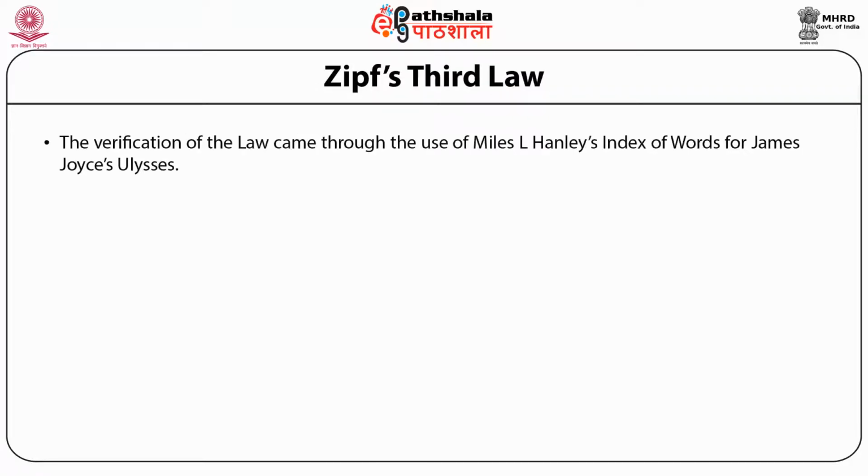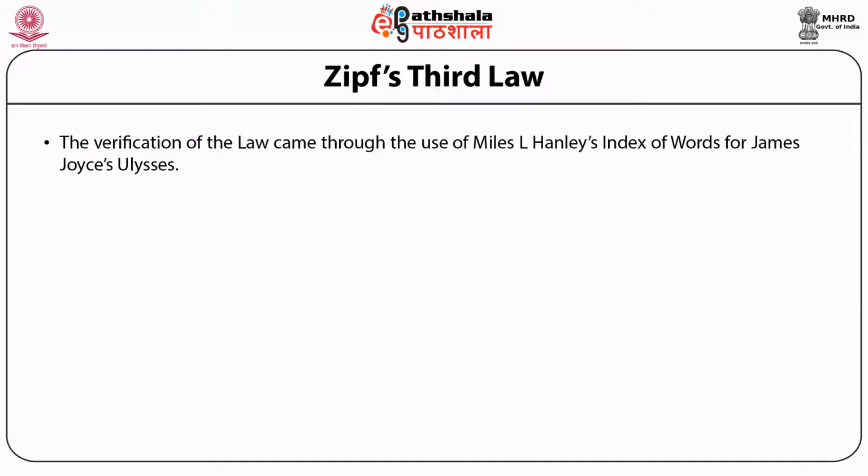This is showing the distribution of words in James Joyce's Ulysses. James Joyce wrote the book Ulysses, and a person prepared an index giving all the words as well as their frequencies.